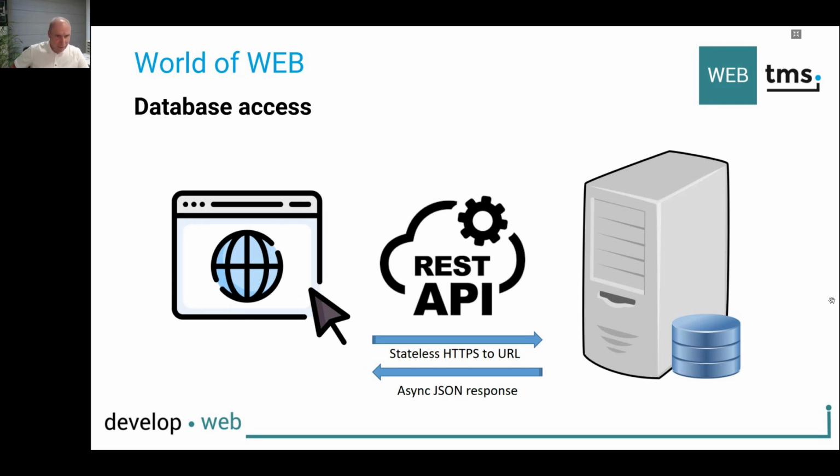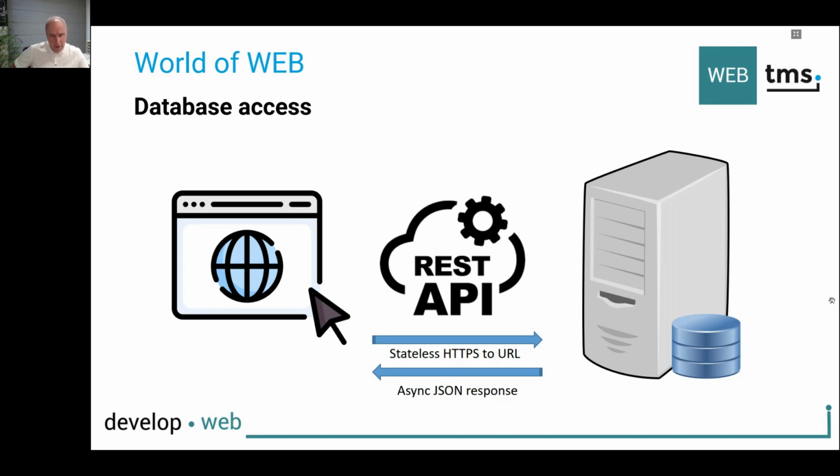Another important topic here is database access. In a VCL or a FireMonkey application running natively on a system, you can access a local database, a database that will be physically on the device where your application is running, or a database that you access through the network.